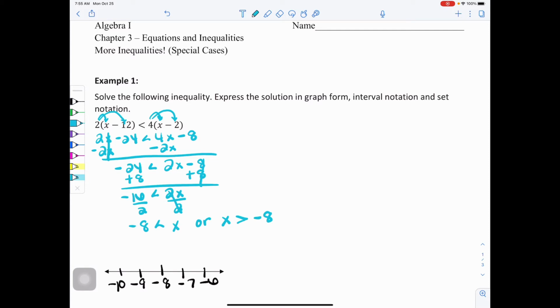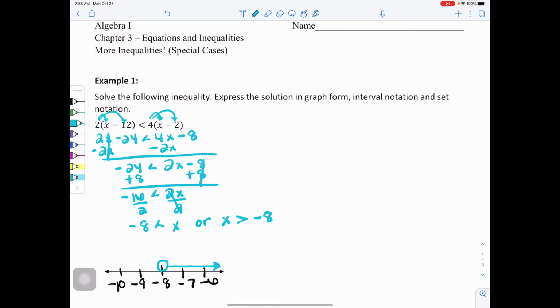Then circle, x is greater than negative 8. So that means negative 8 is not included. So I'm going to put an open circle on negative 8. And I need all the numbers that are greater than negative 8, which means I'm shading to the right.